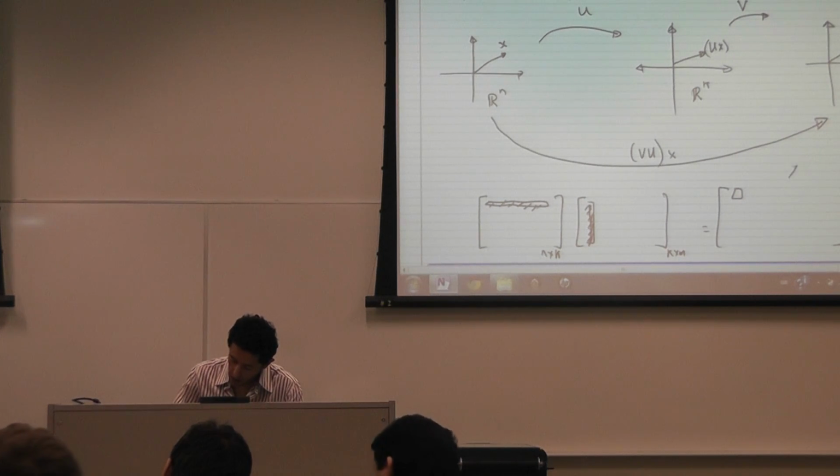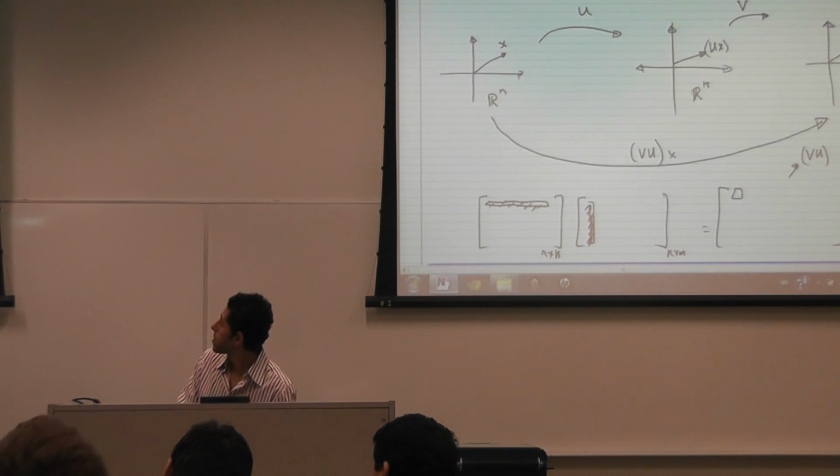So this new matrix is called VU. It's a new matrix that takes me from Rn to Rm.